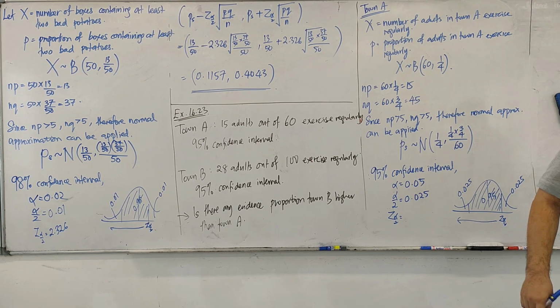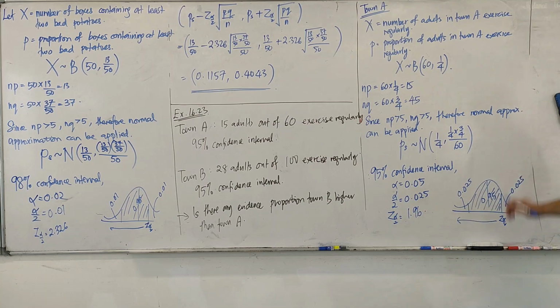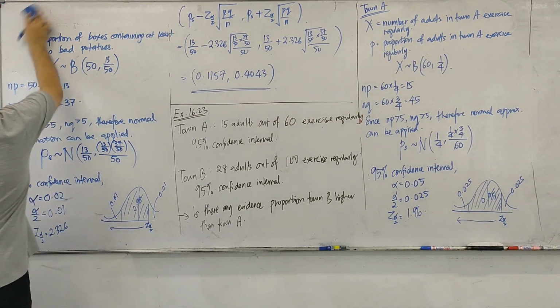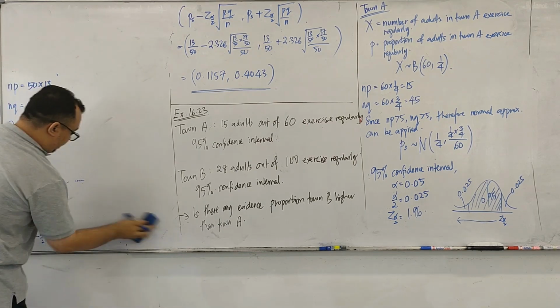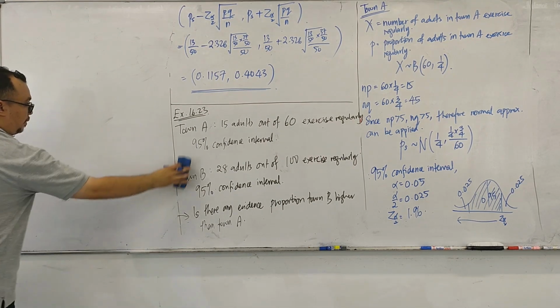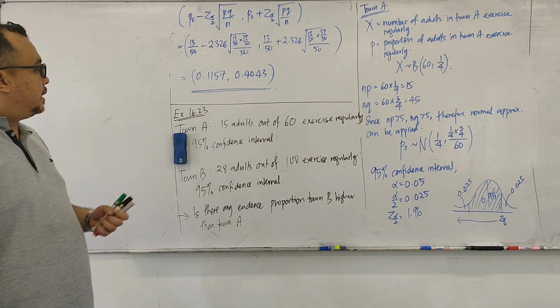Kita tengok dalam jadual, awak akan dapat 1.96. Okay, so that is your step 1, step 2, and step 3.